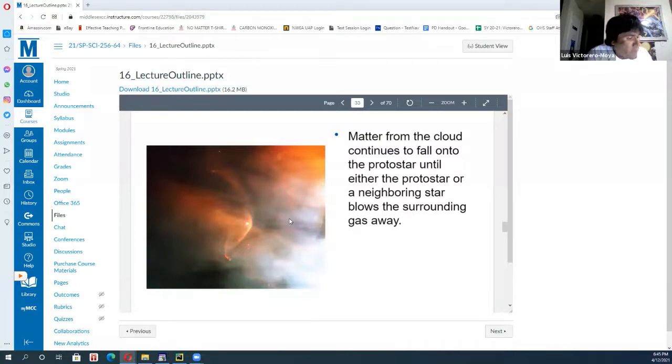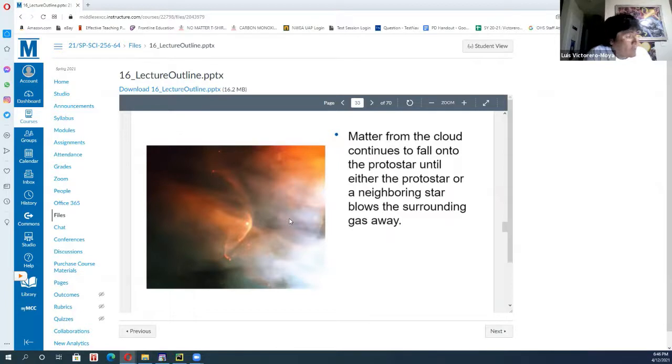This normally happens 100,000 years after the fragment was formed. And the temperature of the inner region of a protostar is approximately 1 million kelvins.